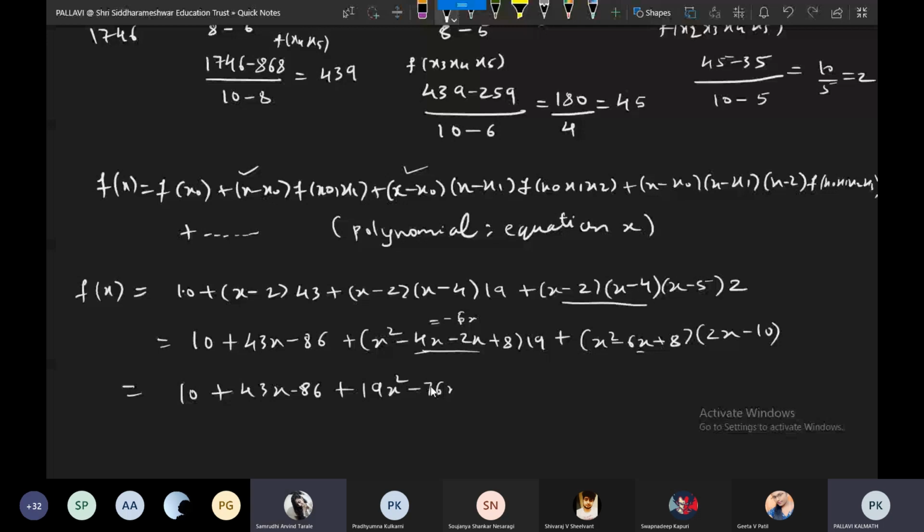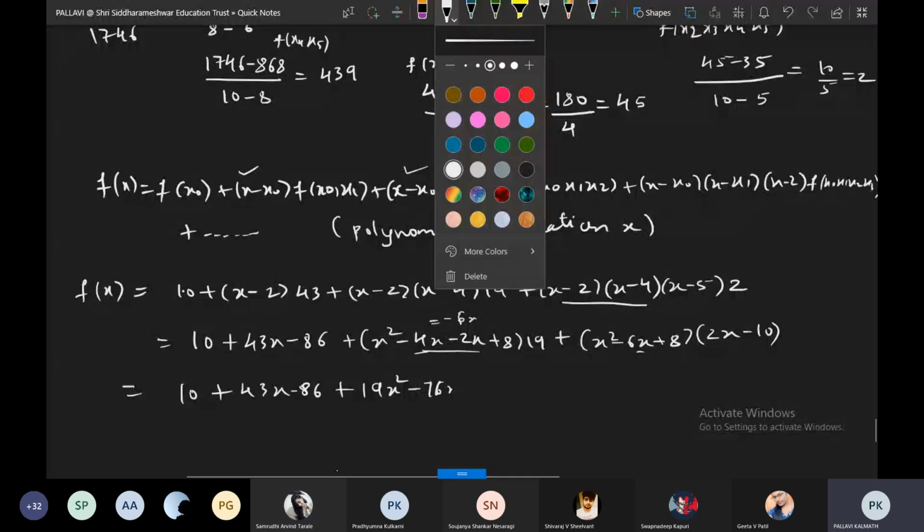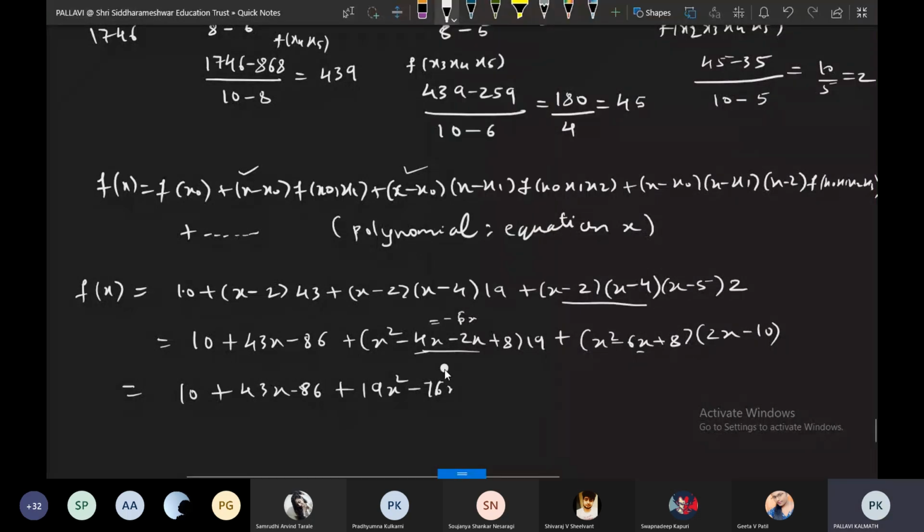That is equal to 114. Okay, we can reduce one step here. Please go on simplifying. This is 19x square minus how much I said, 114. Further you simplify, this is minus 114.